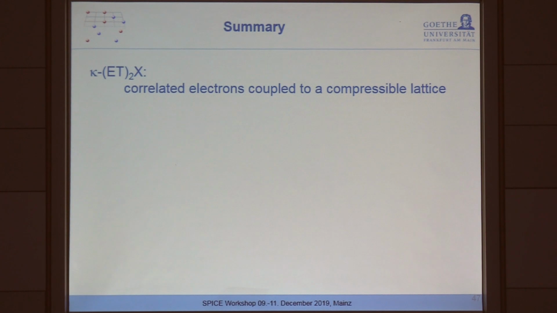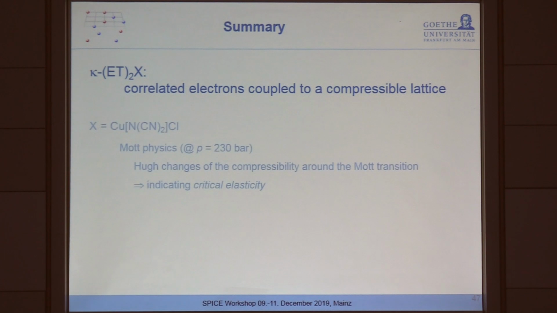So this brings me now to the summary. I started by saying that these kappa-type ET2X materials are very nice objects to study correlated electron materials coupled to a compressible lattice. And then I focused essentially on one example, this copper chloride material.